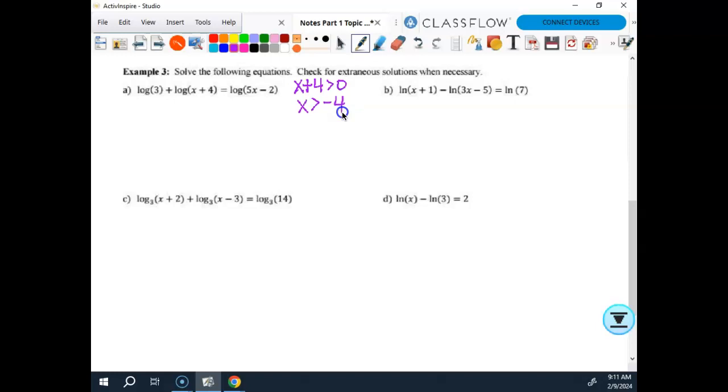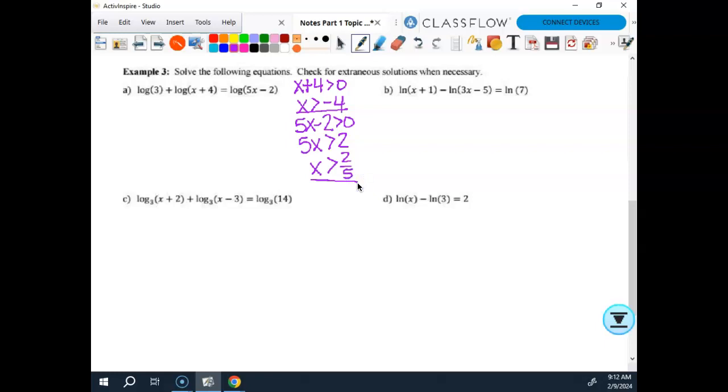Then I've got to look at the next one. 5x minus 2 also has to be greater than 0. So that means that 5x has to be greater than 2. So x has to be greater than 2/5. So if both of these things have to be true, I can pick just one of them and it'll take care of both of them.